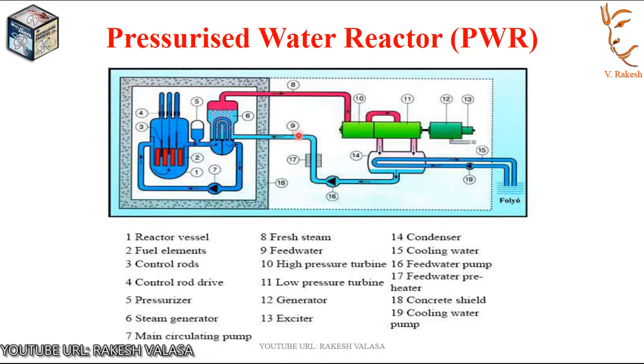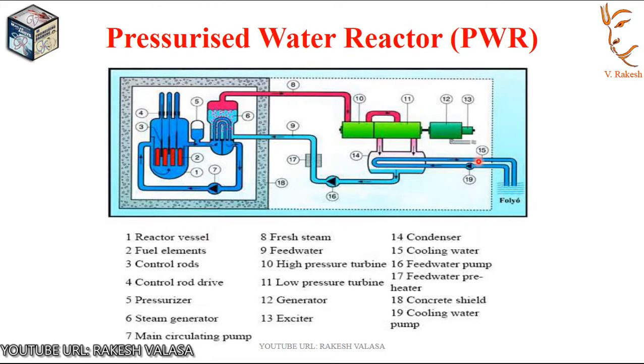Next, this 9 is the feed water. 10 indicates high pressure turbine. This 11 indicates low pressure turbine. This 12 is generator. 13 is the exciter. This turbine is coupled with the generator. Generator is coupled with exciter. This 14 is the condenser for cooling purpose.